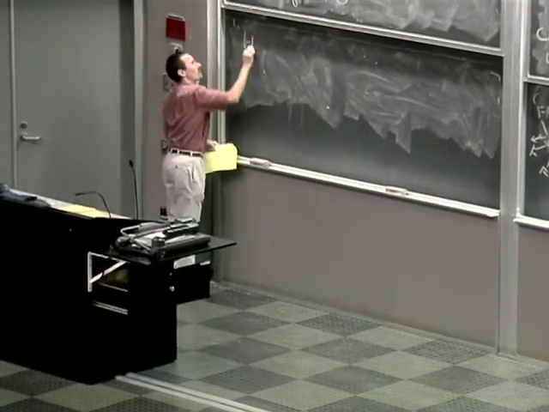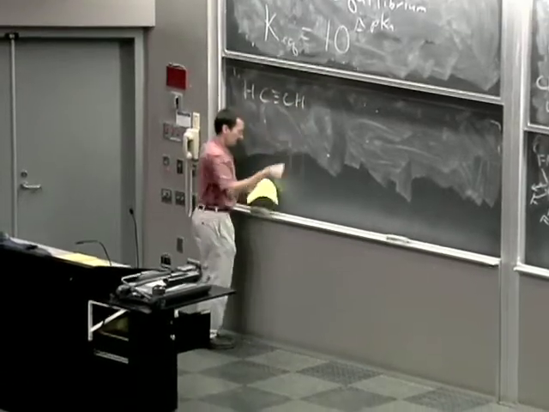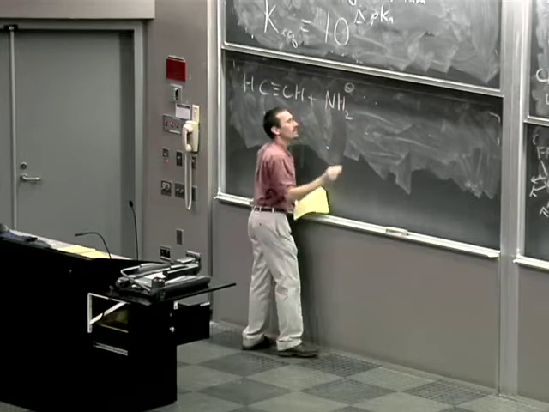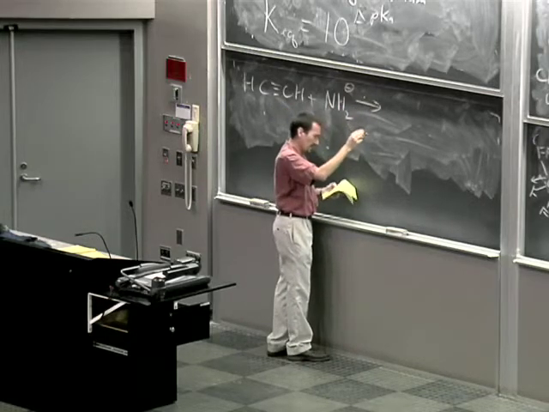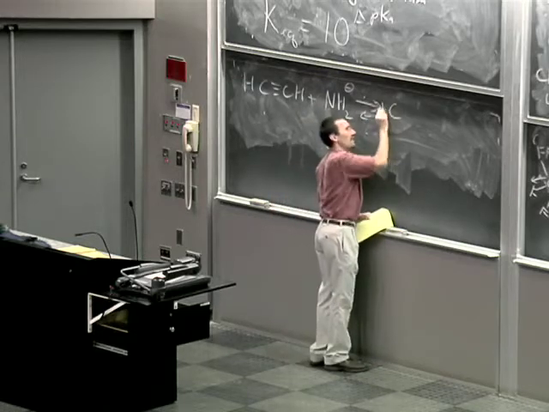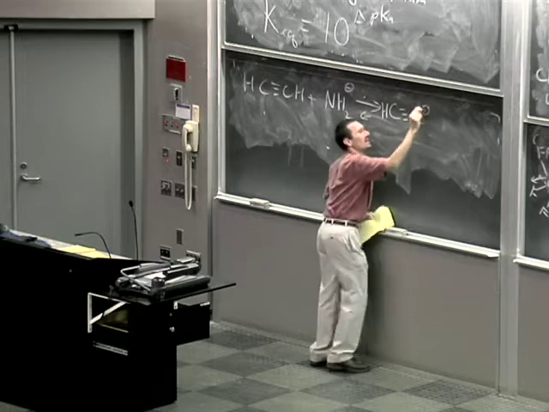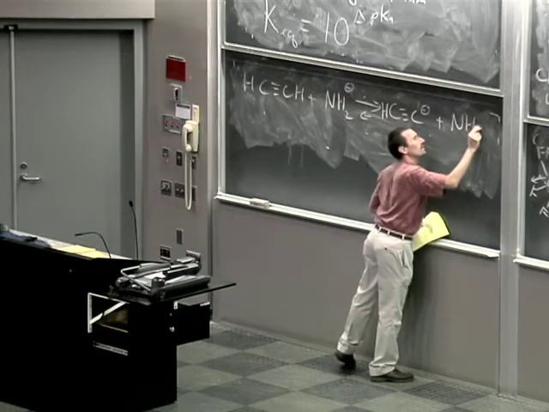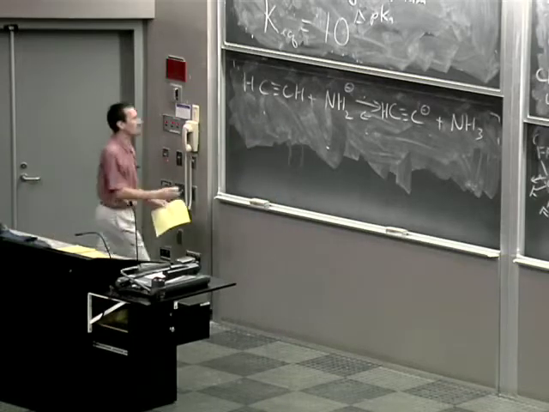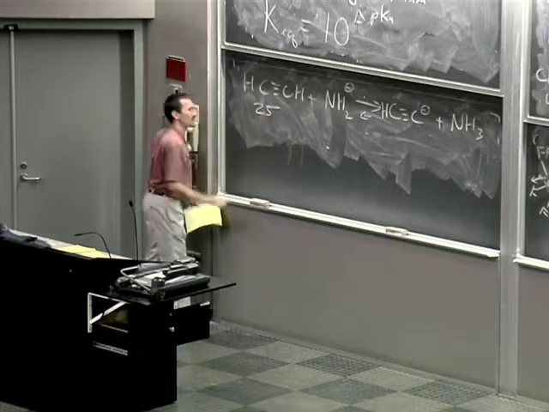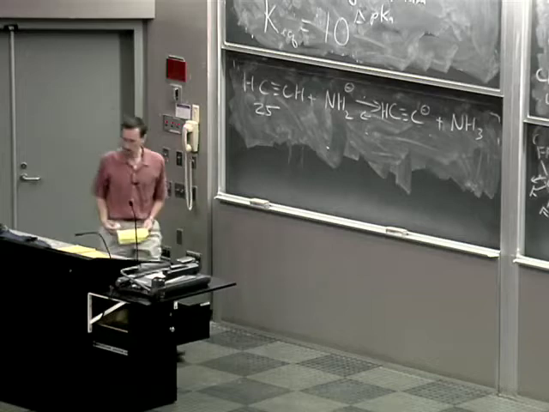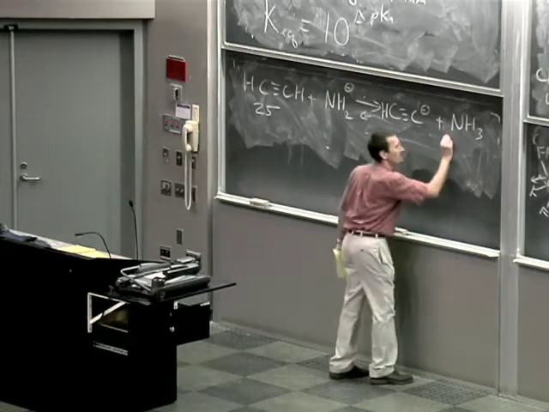Let's take our equilibrium between acetylene and an amide anion to give, and we already decided this equilibrium lies to the right, acetylide anion plus ammonia. We already looked at this and identified acetylene as our acid on the left in this acid-base equilibrium. Ammonia was our acid on the right.